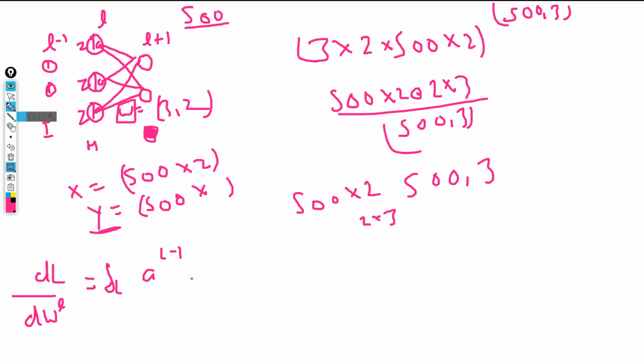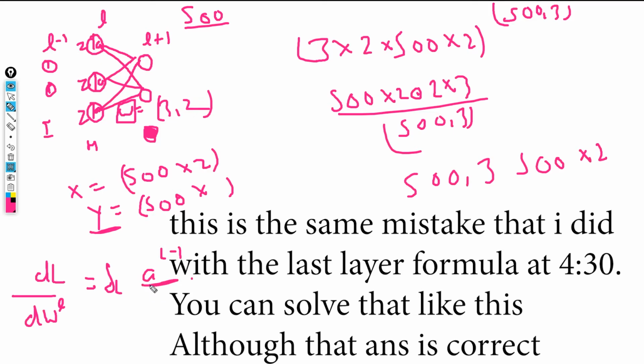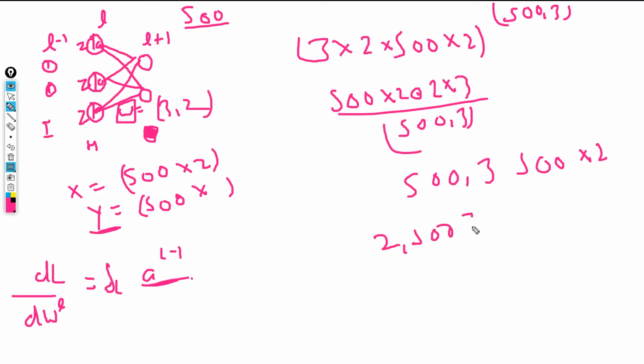So if we take a look at this part, 500 by 3 into 500 by 2, we are going to take a transpose of this, resulting in 2 by 500 dot product with 500 by 3. So our output is going to be 2 by 3, which is the shape of this W. So our output is correct.